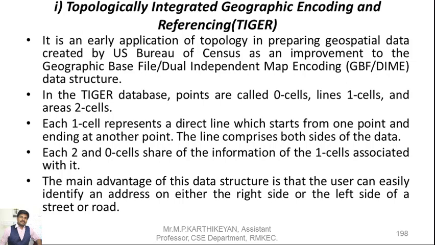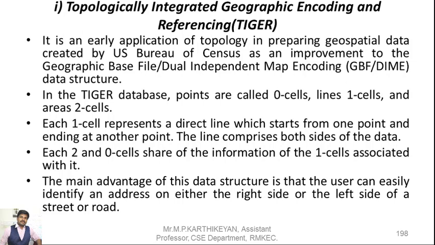I will show you this in a diagrammatic representation. Next, each 2 cell and 0 cell shares the information of the 1 cells associated with it. For example, if it is a point, we go for the 0 cell. If it is a polygon, then the polygon present to the left of the line and the polygon present to the right of the line will be mentioned.